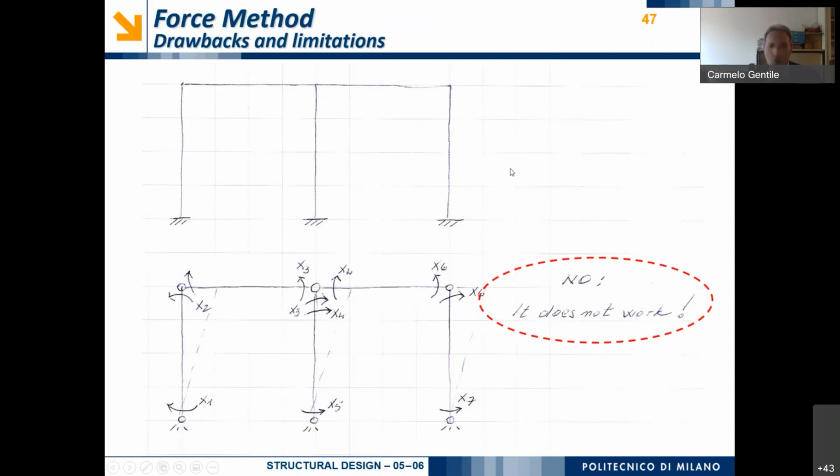And so I need to formulate a different kind of method in order to solve this kind of frames where it is possible to have displacement corresponding to nodes, for example, due to the action of horizontal forces.